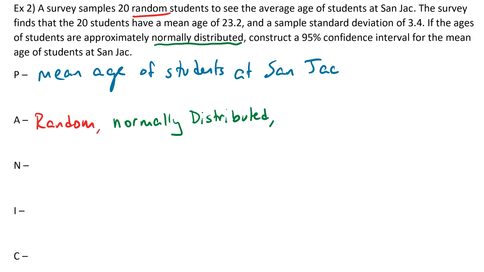And then lastly, we do not know the population standard deviation. We know the sample standard deviation, so sigma is unknown. So if sigma is unknown, that means for the name of our test, we are going to be doing the t-test.